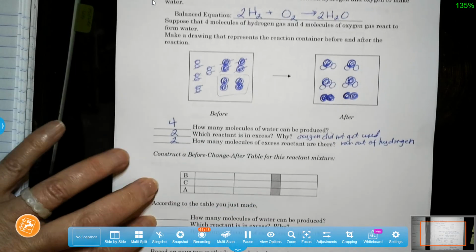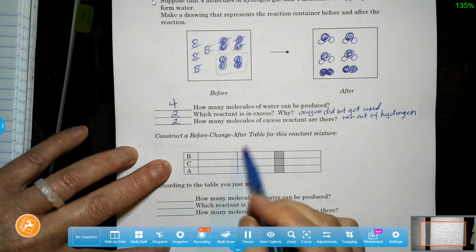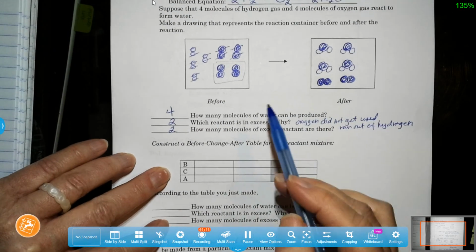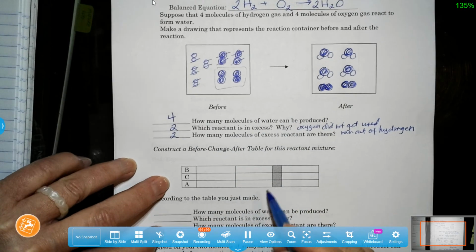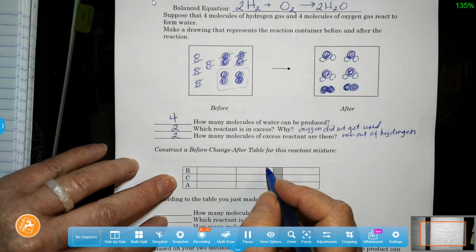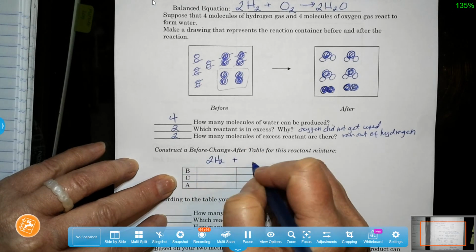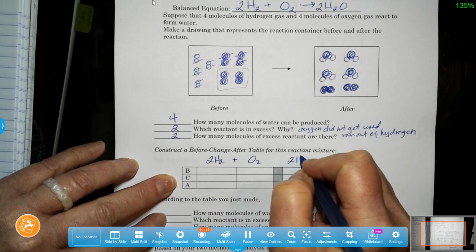Okay, so let's now draw the VCA chart. So this is it conceptually. What does it look like if I didn't want to draw the picture every time, which is going to be the case? So we're going to write out our balanced equation. Right, you have to have the balanced equation to do stoichiometry.